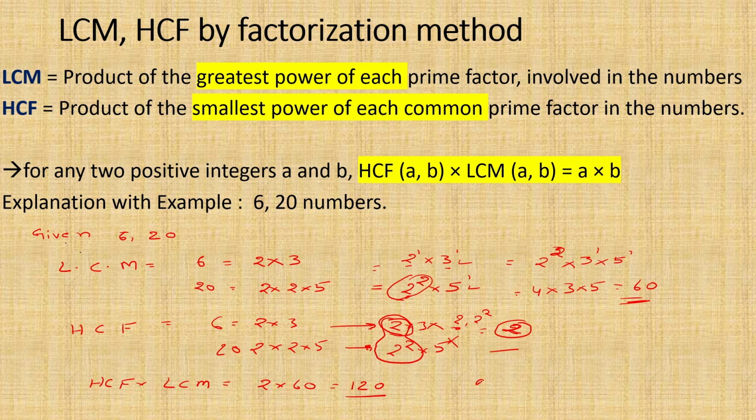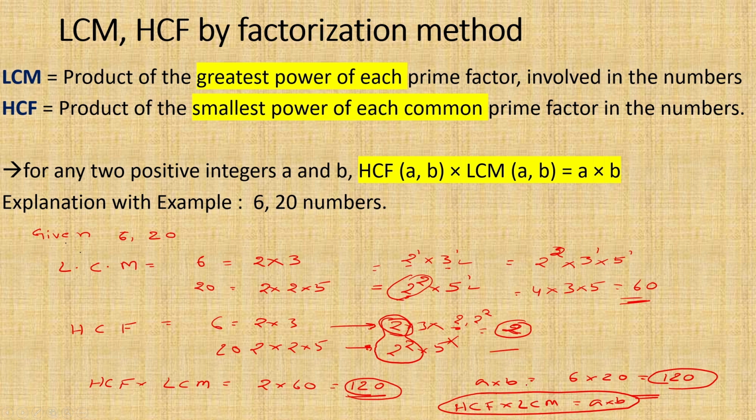And what is the product of the numbers? A into B, where A is 6 and B is 20, is 120. So the product of HCF and LCM is also 120. From this we can write HCF into LCM is equal to the product of the numbers.